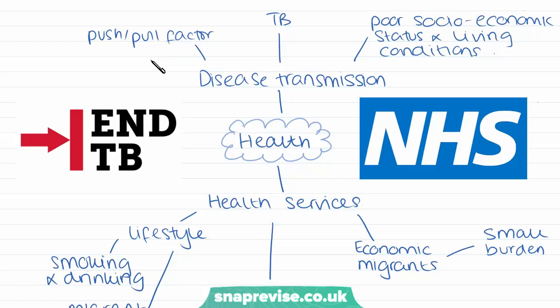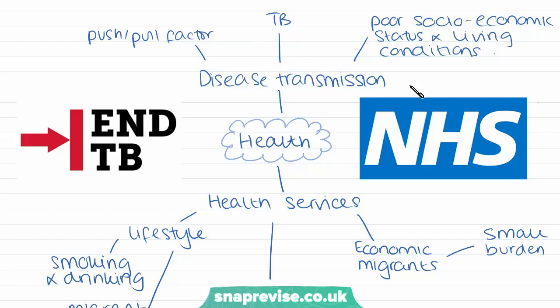And also the main one that we've seen implication from migration is the transmission of TB. Now, TB was thought to have been almost eradicated in the UK in the 1980s, but recently, now that we've seen a greater rise in migration into the UK, the rise of tuberculosis has started to grow again, and there's been a greater number of cases of tuberculosis in the UK, and this is thought to have been linked to the rise in migration into the UK.